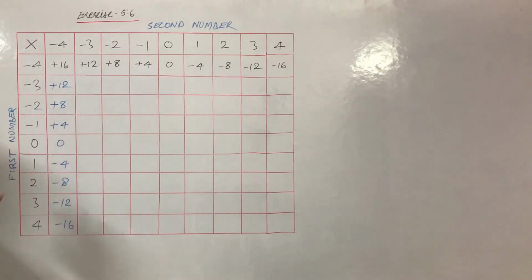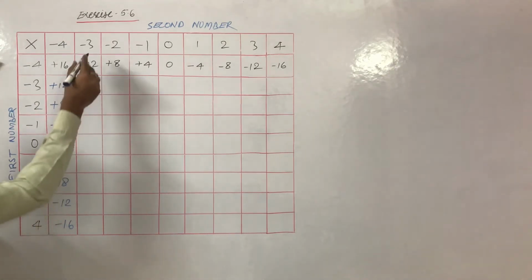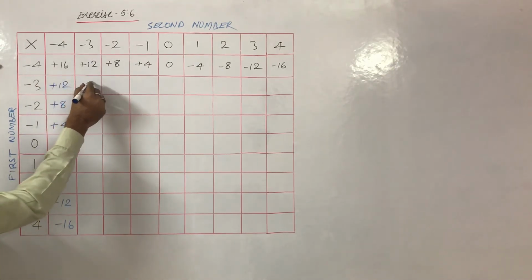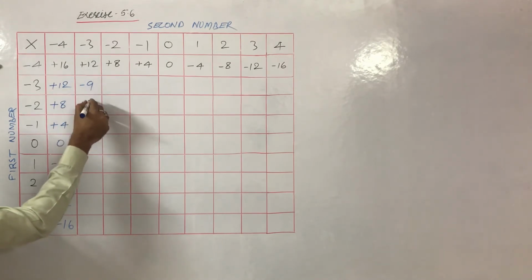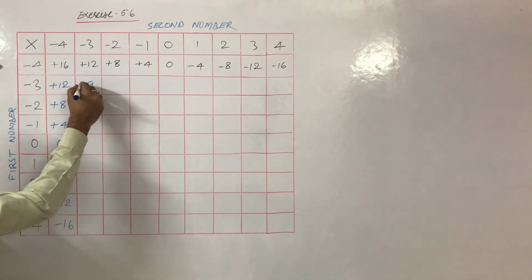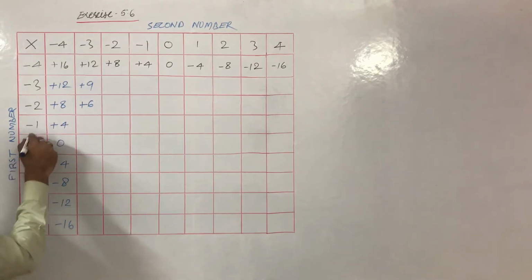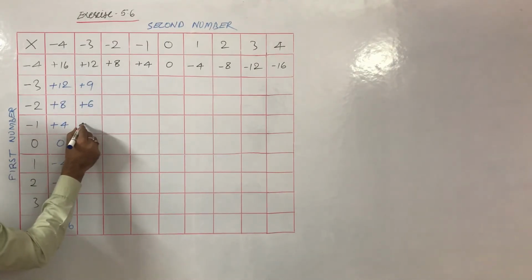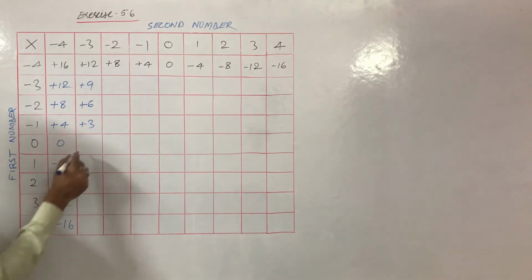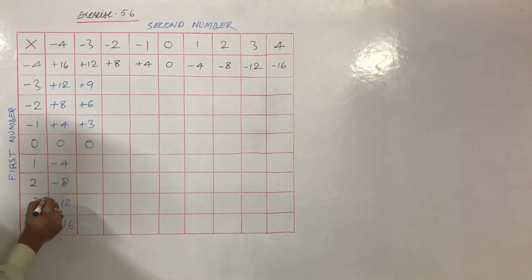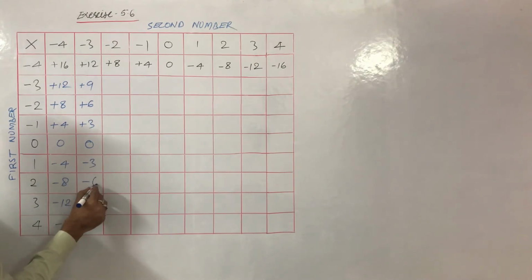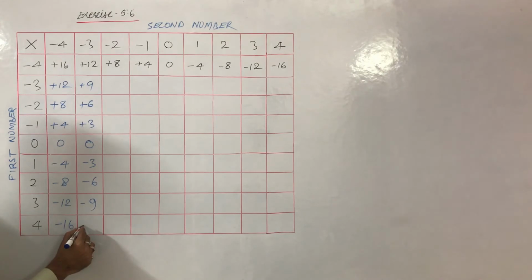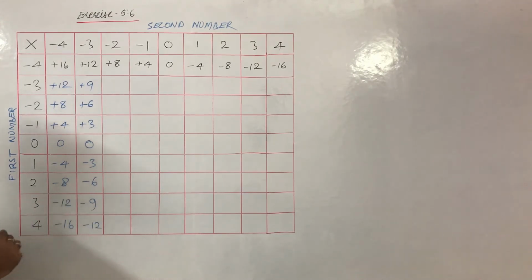Now we have to complete this grid. Minus 3 into minus 3 is plus 9, minus 3 into minus 2 is plus 6, minus 3 into minus 1 is plus 3, then 0, then minus 3, minus 6, minus 9 and minus 12.